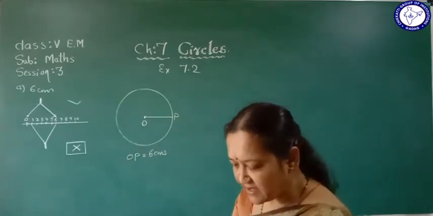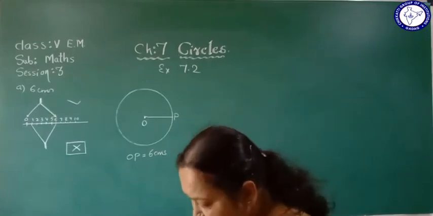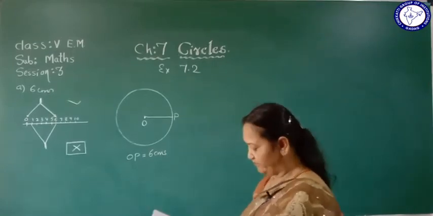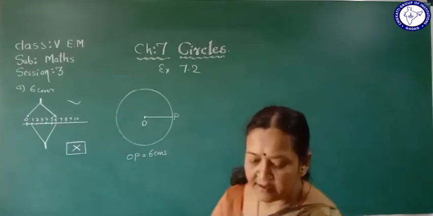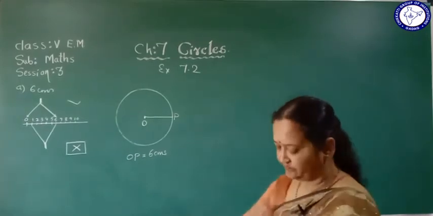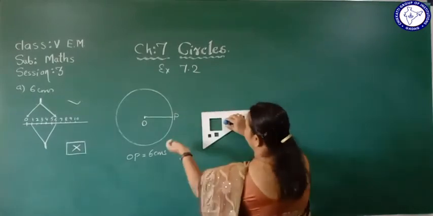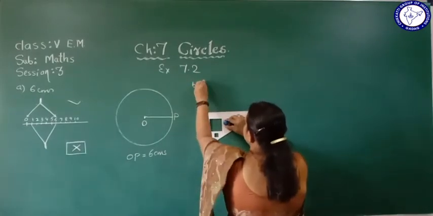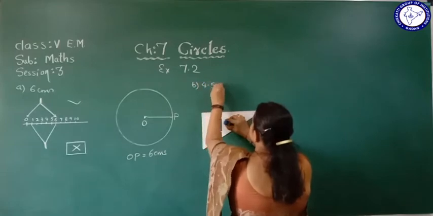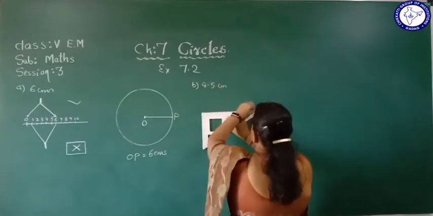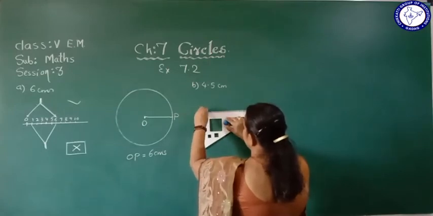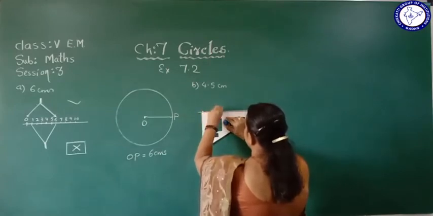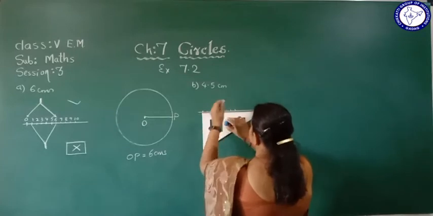Then second one is 4.5 centimeter. Here again let me draw a scale. B question, it is 4.5 centimeter. So here this scale is 0, 1, 2, 3, 4, 5, 6, 7, enough.